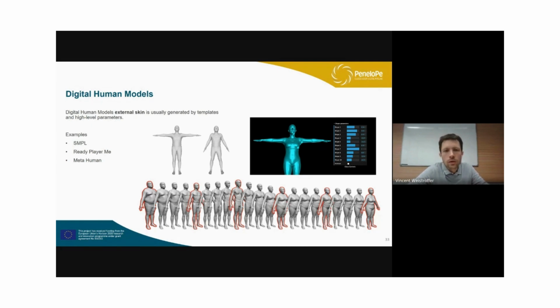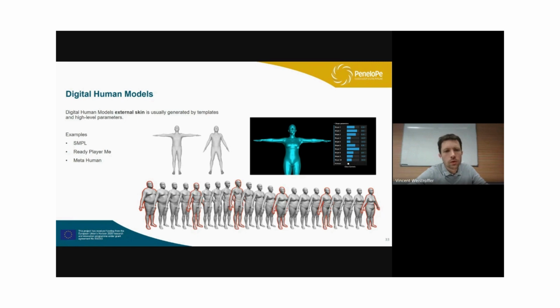So they will give you some more overweight part on the hips, some more overweight part on the neck, some more overweight part on the thighs, for example. So you have a complete set of parameters to actually generate your skin.